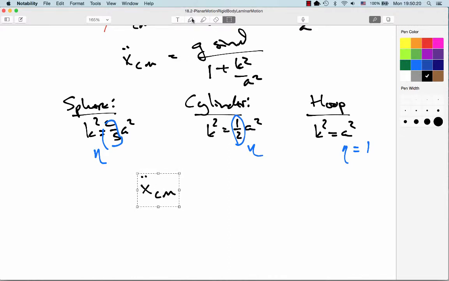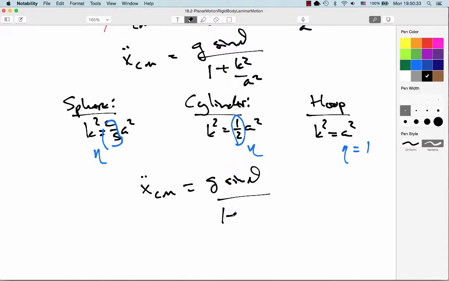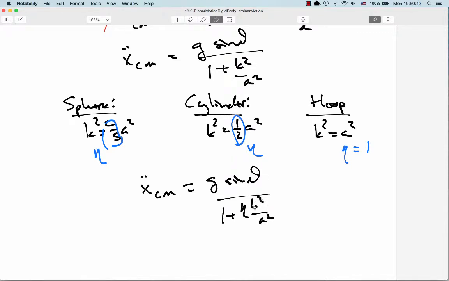There, that's better. Will equal g sine theta over 1 plus eta k squared over a squared. I'm sorry, eta a squared. That's the whole point of this.